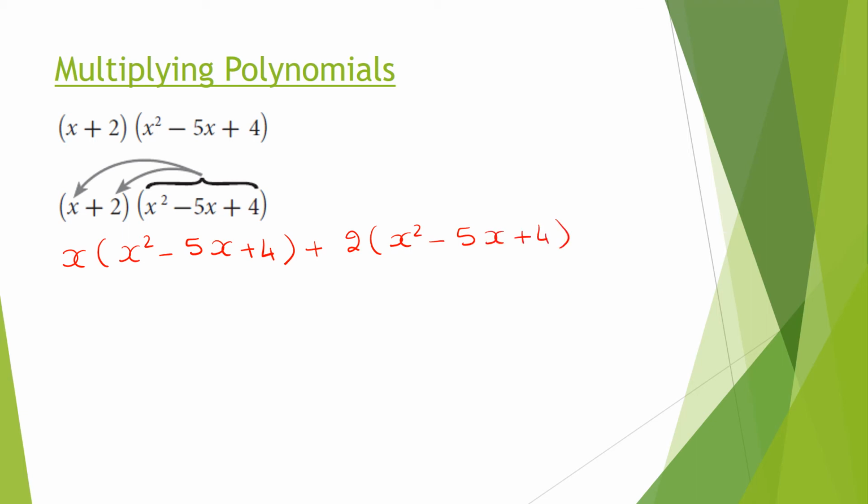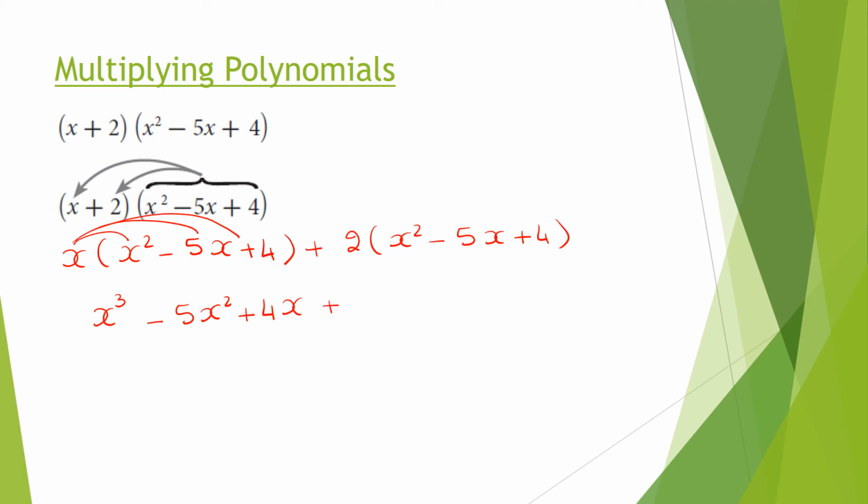So x times x squared will be x cubed. X times negative 5x will be negative 5x squared. Then x multiplied by 4 will be positive 4x.